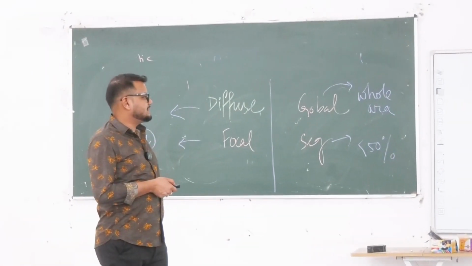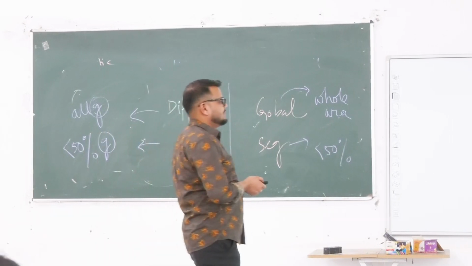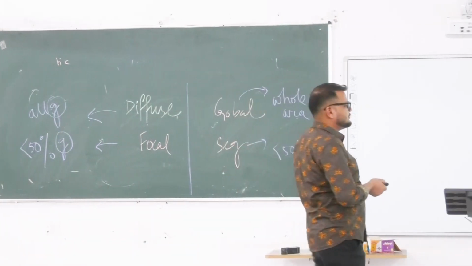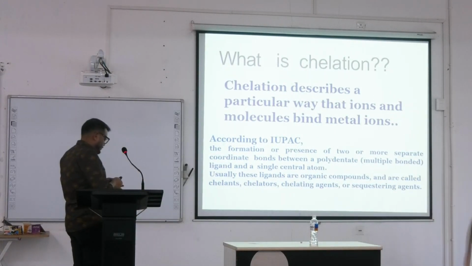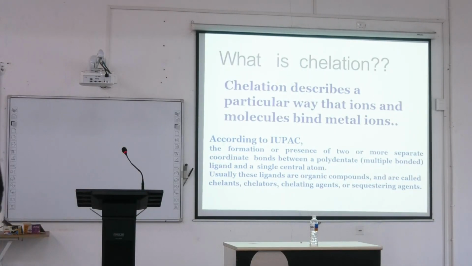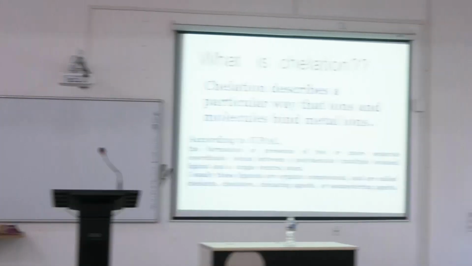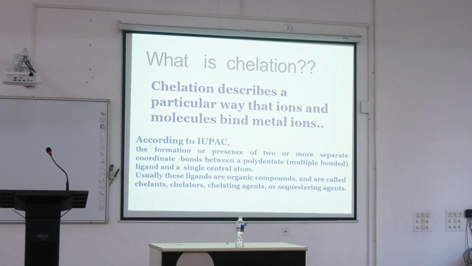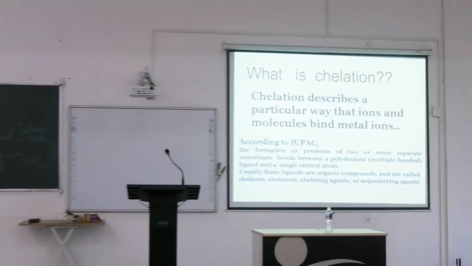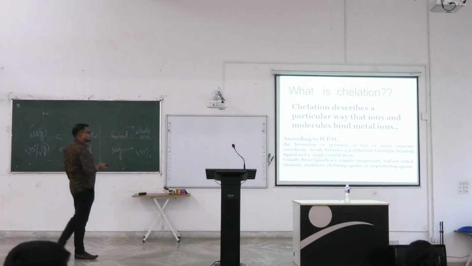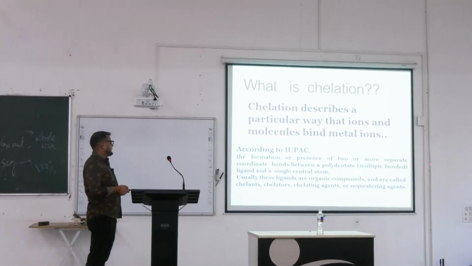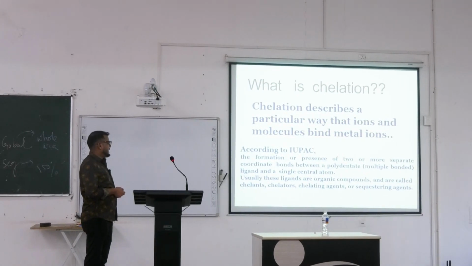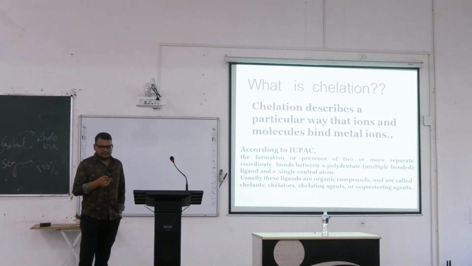Chelation describes a particular way that ions and molecules bind metal ions. According to the international organization IUPAC, the formation or presence of two or more separate coordinate bonds between a multiple bonded ligand and a central atom is called chelation.